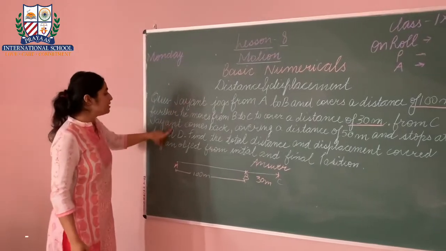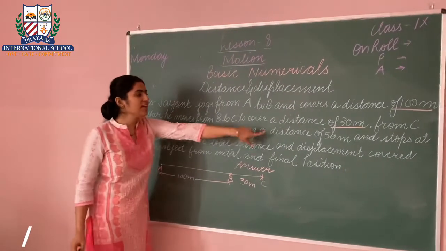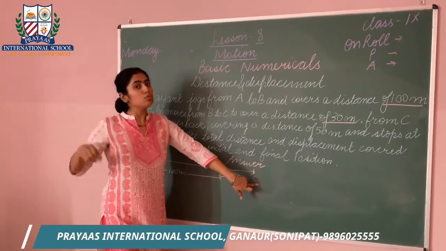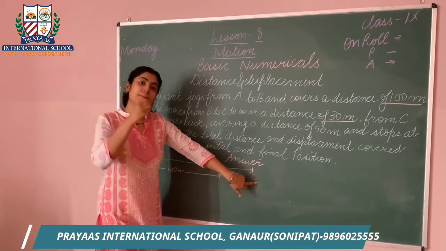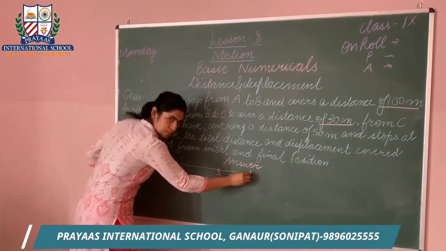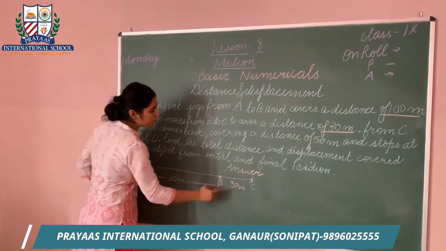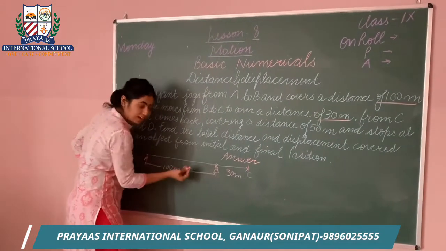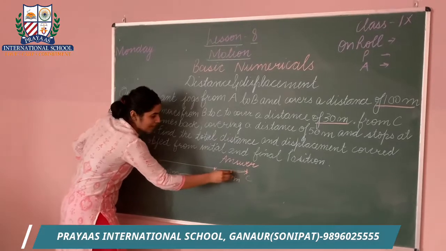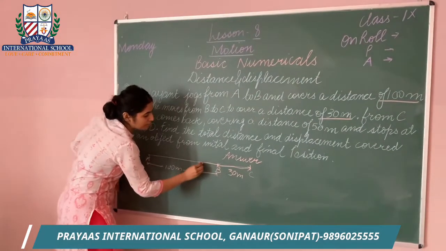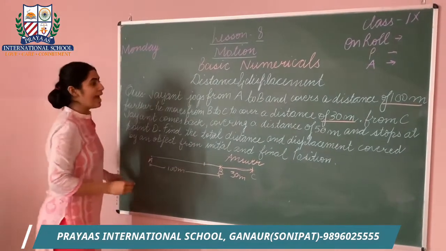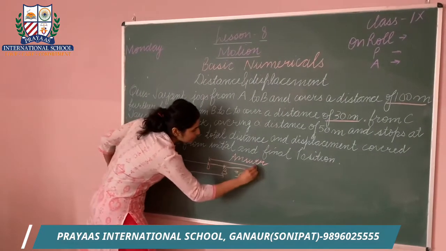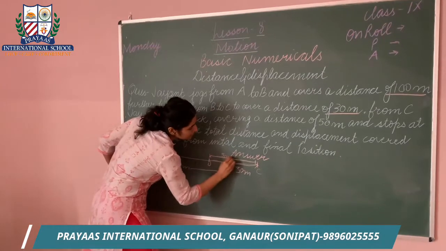From C, Jayant comes back covering a distance of 50 meters. Now at point C, Jayant's mood changes and he comes back. He turns back and covers a distance of 50 meters. Obviously it will be somewhat more than 30, somewhere ahead of B. So it turns back and moves 50 meters and stops at point D, covering a distance of 50 meters.